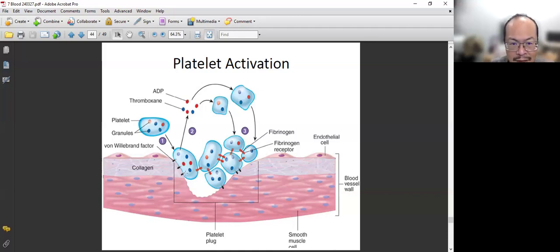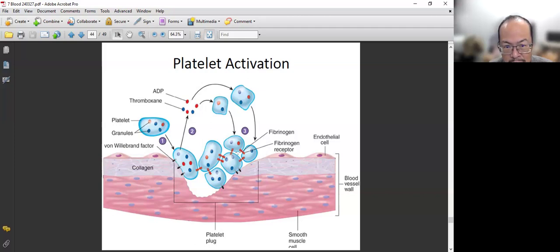Once they get activated, they become sticky. They will attach. They will bond to each other. They will also release thromboxane and ADP, and this will affect any platelets which flow through. Even though these may not directly touch the collagen, they will get activated by this ADP and the thromboxane. And once they get activated, they become sticky.